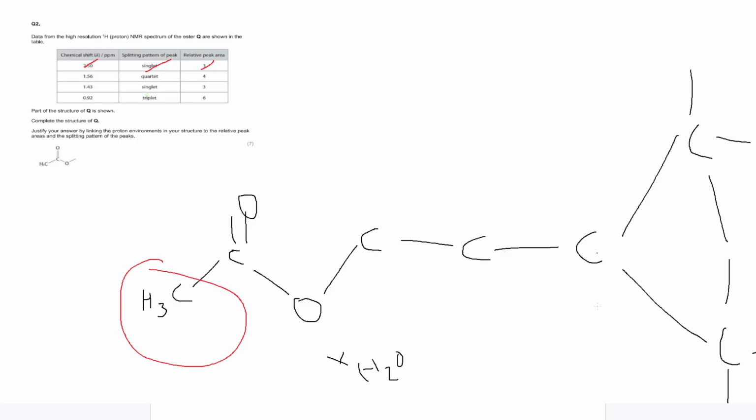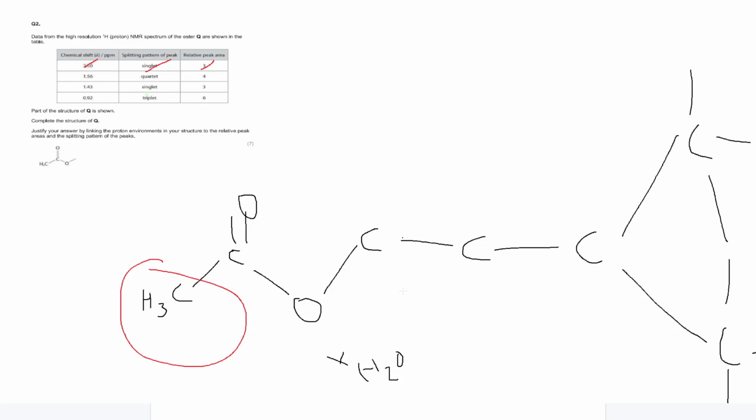Because I'm assuming something with a relative peak area of 6 is just 2 CH3s, unless I'm missing something really obvious. This makes sense with the chemical shift because it's very far from oxygens, but it doesn't make sense with the splitting. How can you possibly have that?